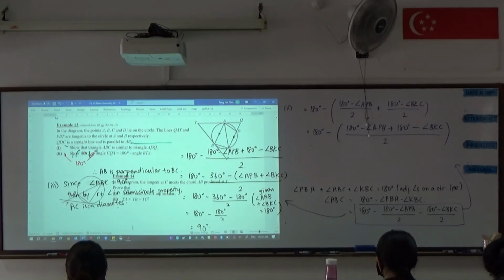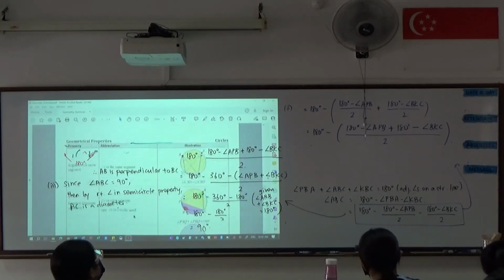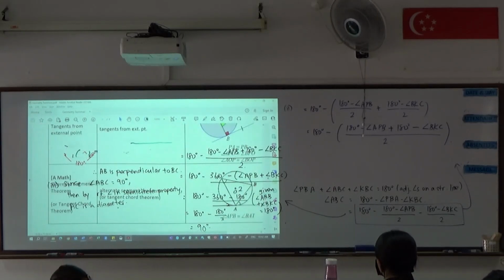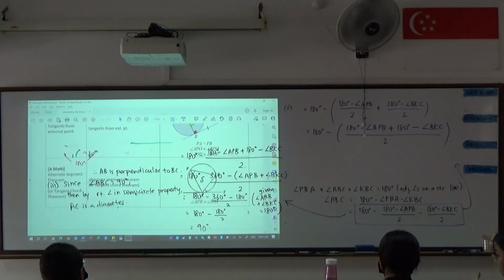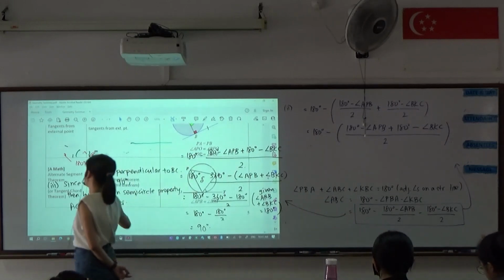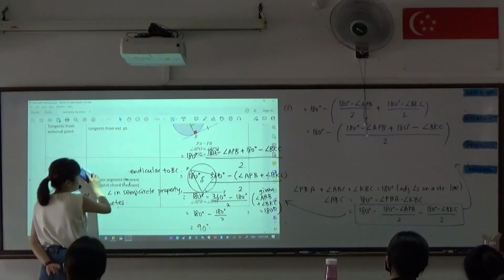It requires us to know our alternate segment theorem. So let me introduce the alternate segment theorem to you. In some other books that you may read, I'm not sure whether you read other maths books at all, you may call this tangent chord theorem as well. But most of the time I will call it alternate segment theorem.